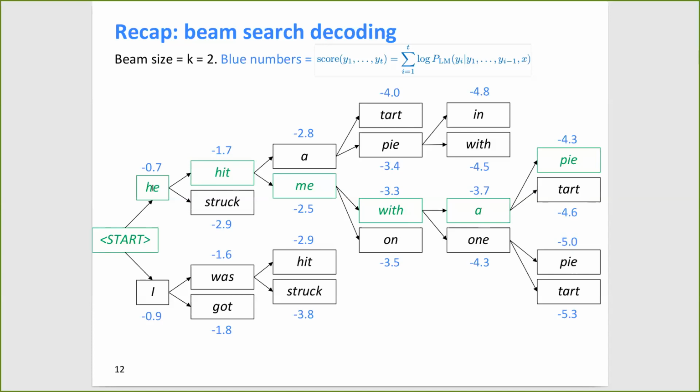Let's say the model thinks with a score of minus 1.7 that it's a hit, and it thinks that the next word could be struck as well, but it has a lower score here, negative 2.9. So it takes the word hit, and then the next word could be a or me, and me has a higher score here, so it goes with that. So it follows like this, considering multiple hypotheses. Finally, the sentence indicated in blue is, he hit me with a pie. So this is how beam search works when k is 2.